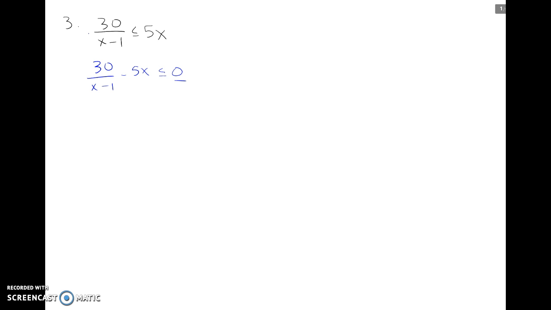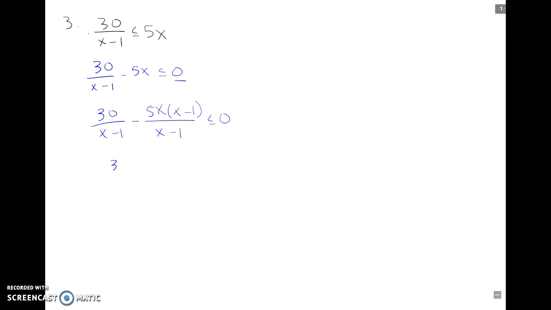All right, now we need to combine our fractions. So the common denominator is x minus 1. You have 30 over x minus 1 minus 5x times x minus 1 over x minus 1 is less than or equal to 0. Okay, so combine your top.